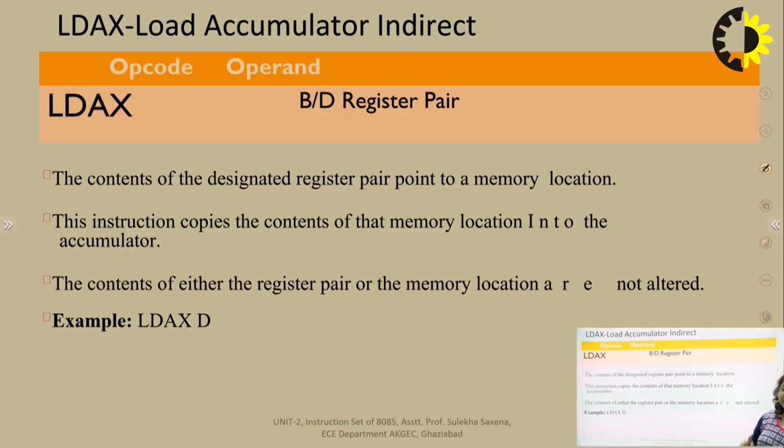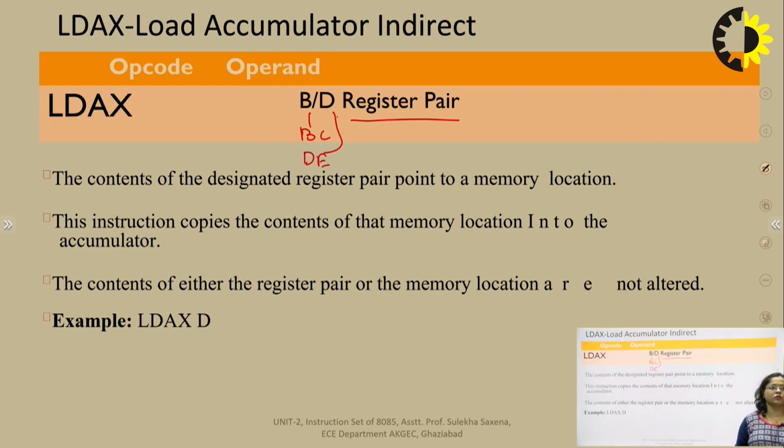If there is an X, that is LDAX, this instruction also loads the value from memory to the accumulator, but the address is not directly specified. The address is given in a register pair, and the register pairs used are either the BC register pair or the DE register pair. B means BC, or D means DE register pair.